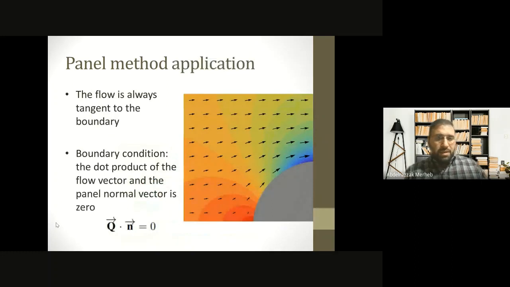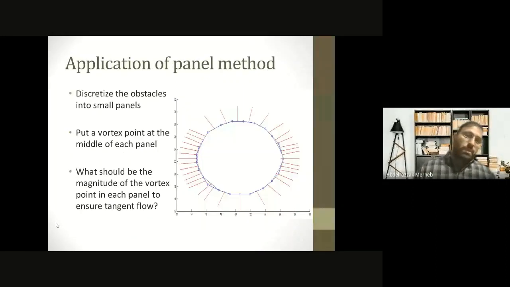Scientists have seen that the flow is always tangent to the boundary of the obstacles. Thus, we can use a mathematical solution. We can say that the flow is always tangent to the boundary, so the dot product of the normal to the boundary and the flow vector is always equal to 0.